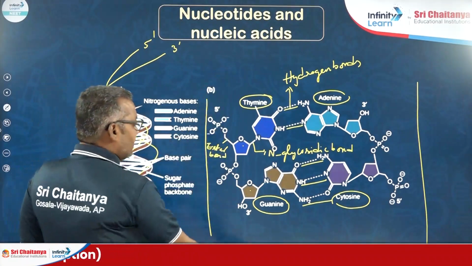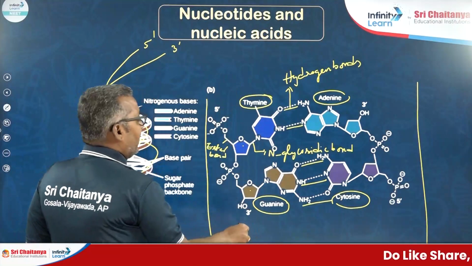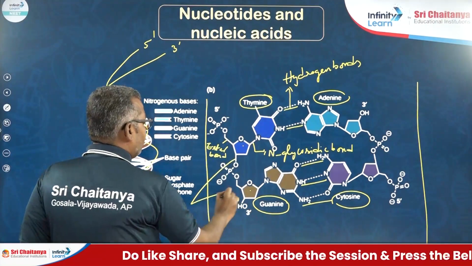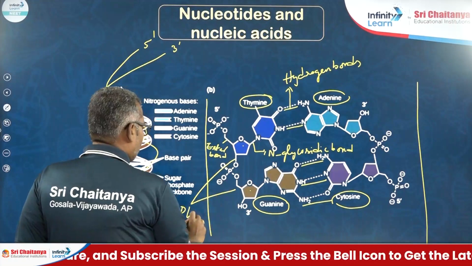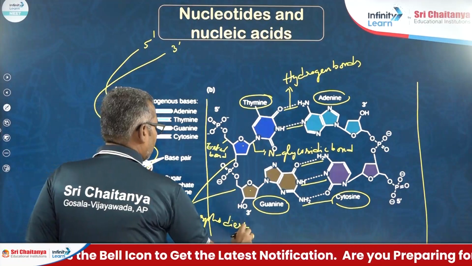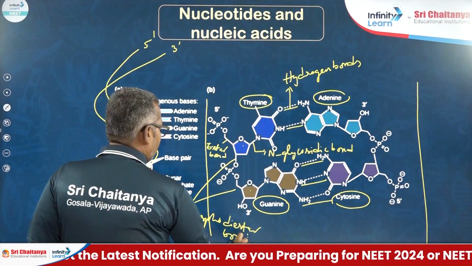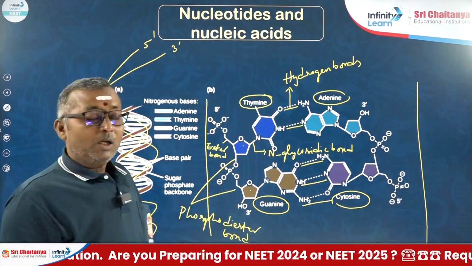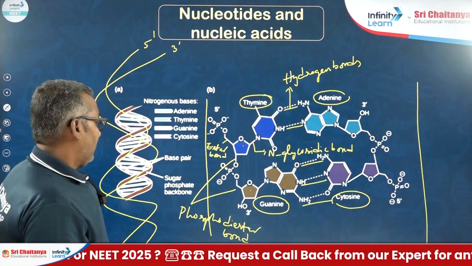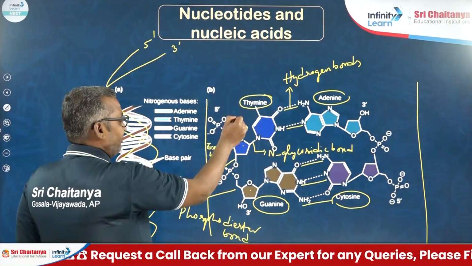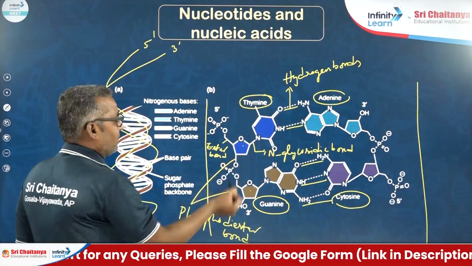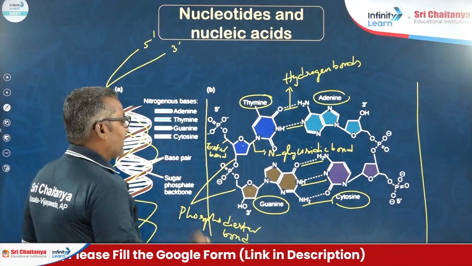In a nucleotide chain, the succeeding nucleotides are linked by phosphodiester bond. This is very important and you have to follow very carefully that nucleotides of one strand are linked by phosphodiester bond. So why is it called phosphodiester bond?